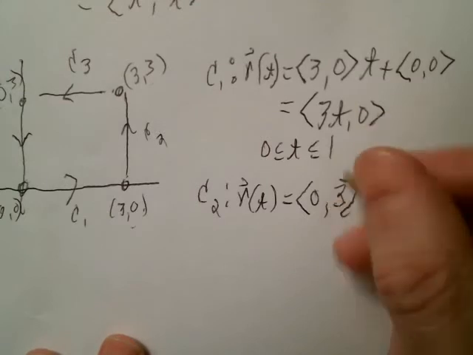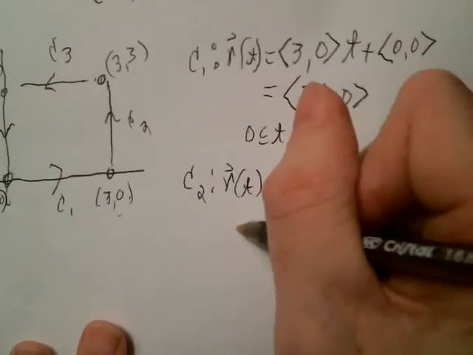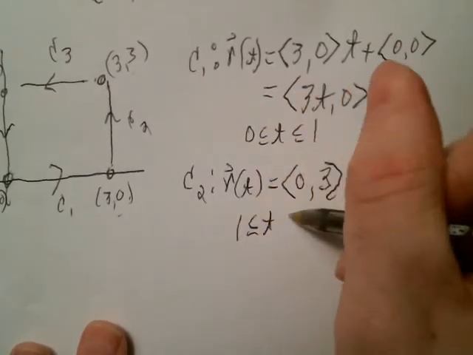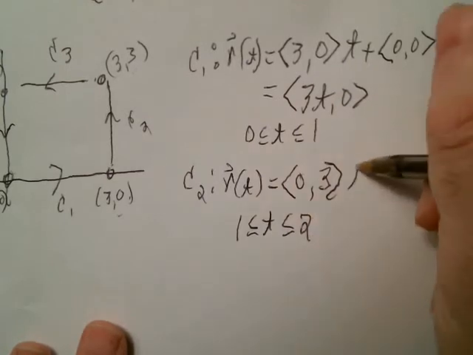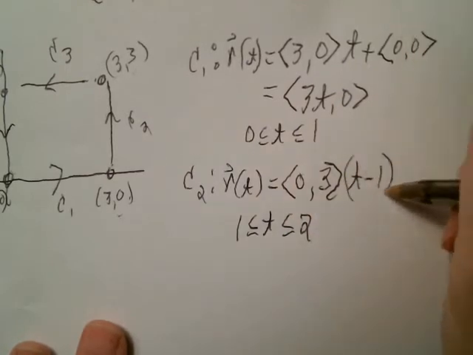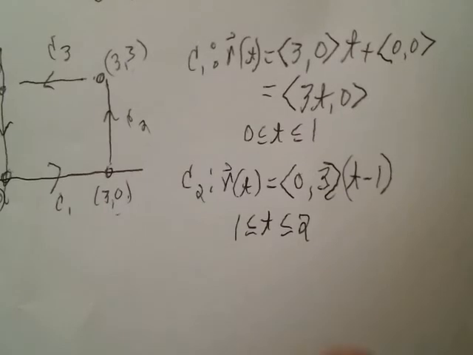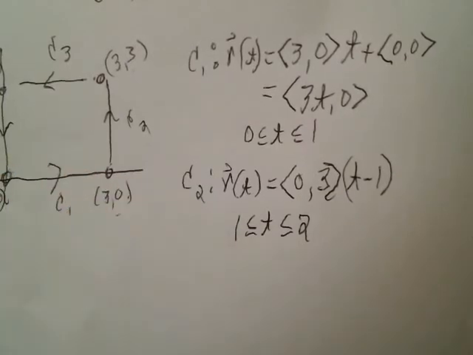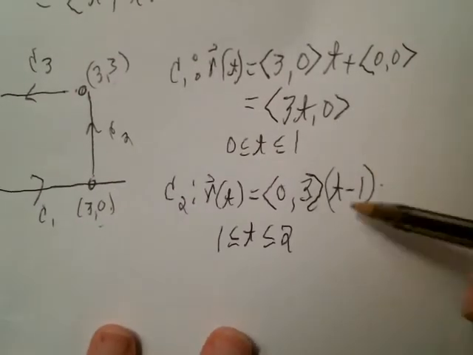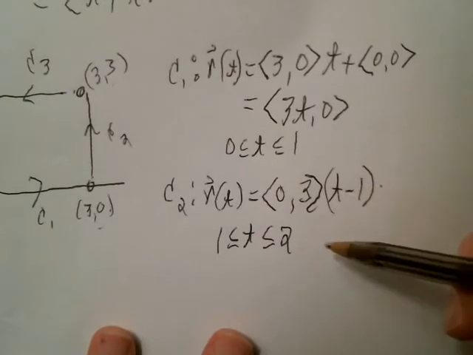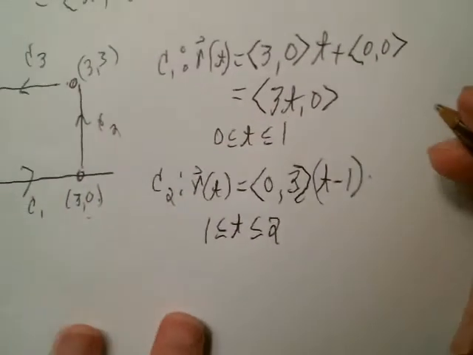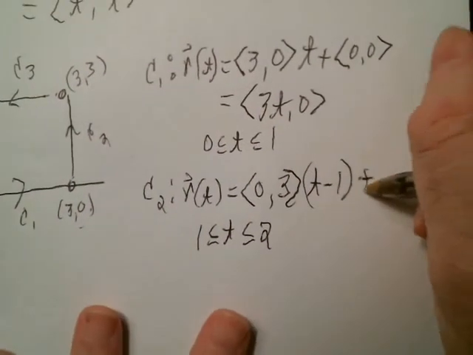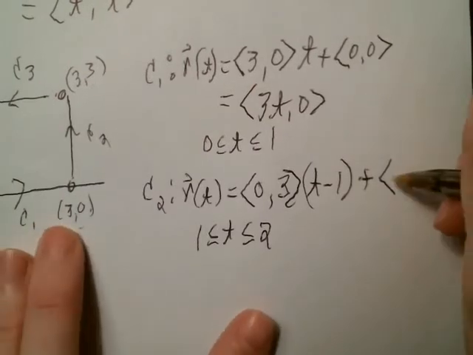But if the book insists, you can adjust this and go from 1 to 2 by simply replacing t with t minus 1. It's kind of just the idea of shifting or doing a translation of a graph of an equation. It's the same idea. Okay, but you can always just use t and go from 0 to 1, so long as you're doing different integrals. Okay, so anyways, plus the starting point, which in this case was 3, 0.